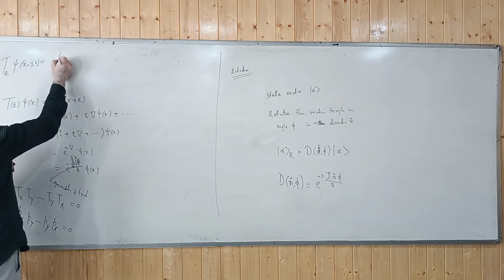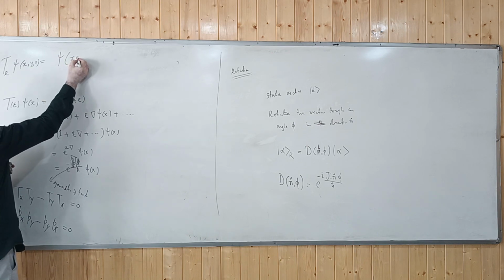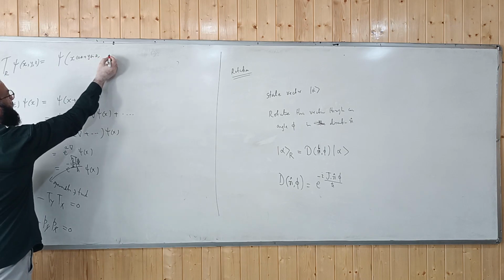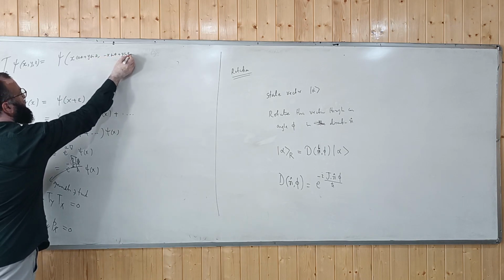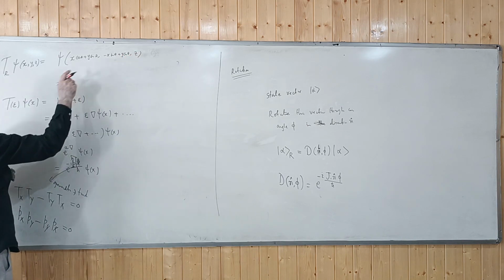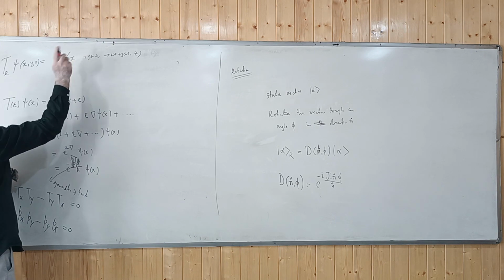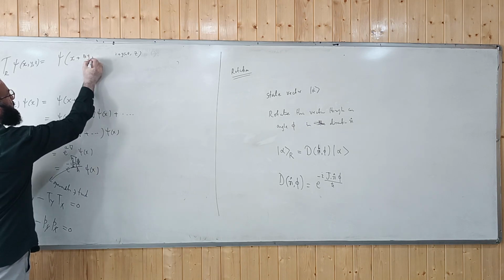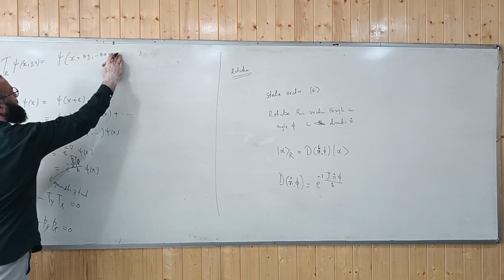So x will go as x cosine theta minus y sine theta, and y will go as x sine theta plus y cosine theta. Z will remain as such. Since I am considering the infinitesimal one, cos theta will be 1 and sine theta will be theta, so it will be x minus theta y, and here y plus theta x, and then you have z.